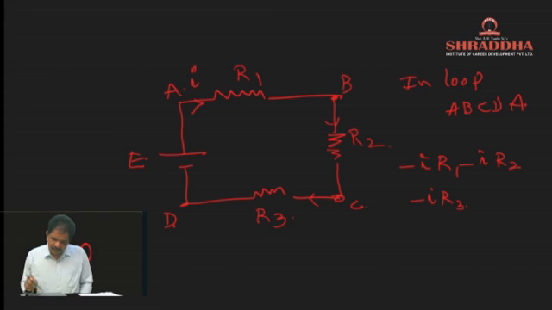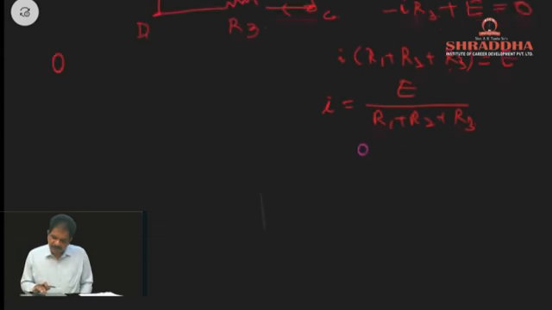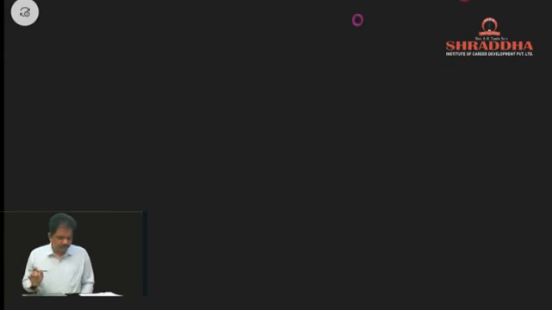Here, moving from negative to positive, the EMF will be positive. The total will be equal to 0. Then I into R1 plus R2 plus R3 is equal to E. I is equal to E by R1 plus R2 plus R3. That is the current flowing through the circuit. We applied Kirchhoff's second law.